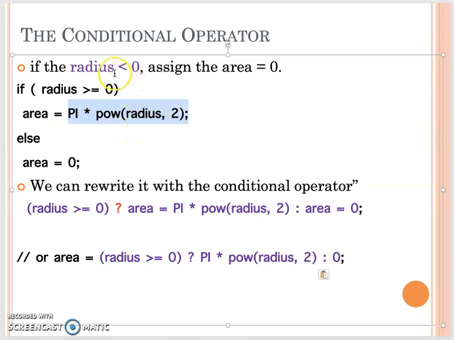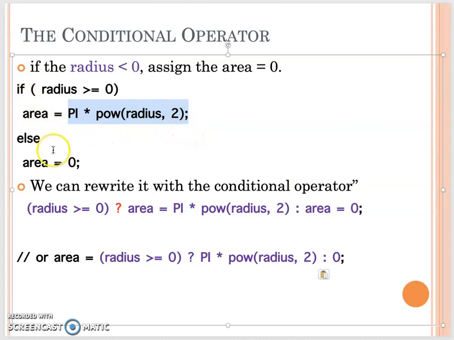We shouldn't, right? Because you need to be careful. If the radius equals -5, -5 squared becomes positive 25. So here is the example: if the radius is less than 0, we should just assign area equal to 0. Otherwise, the area formula will be plugged in.